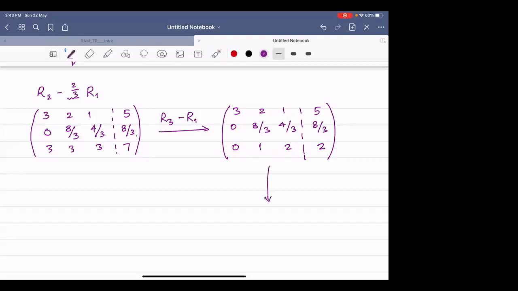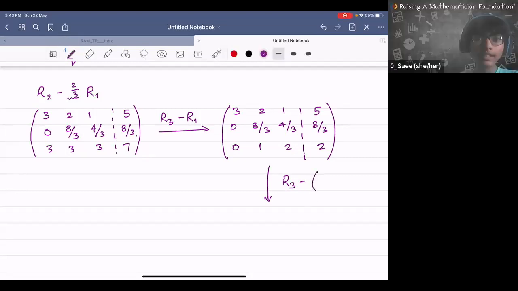So let's do it. So we want to do R3. 8 by 3. Yeah, tell me. Sorry. Were you telling me what to use? R2. Yeah. He put it in the chat.